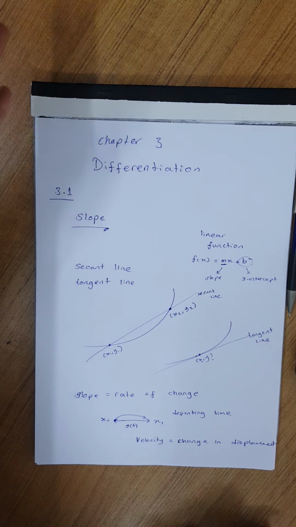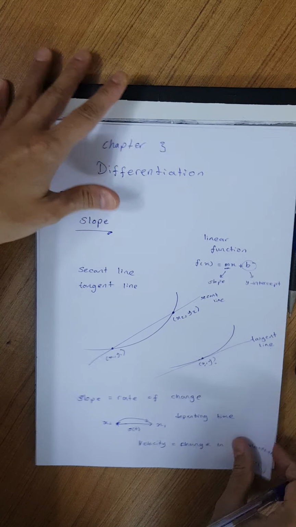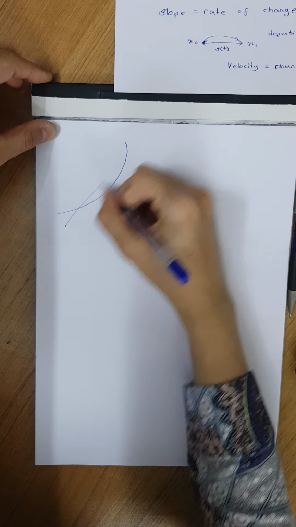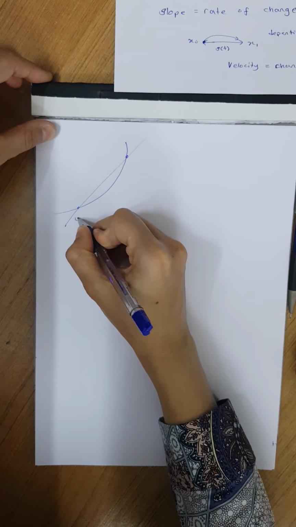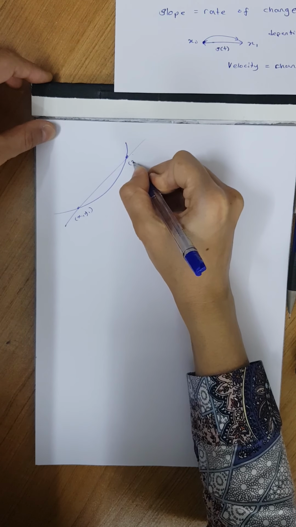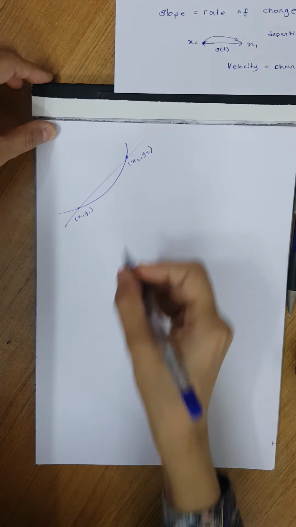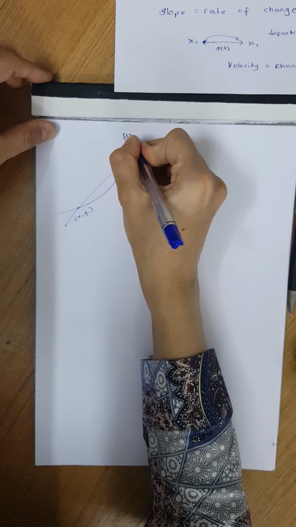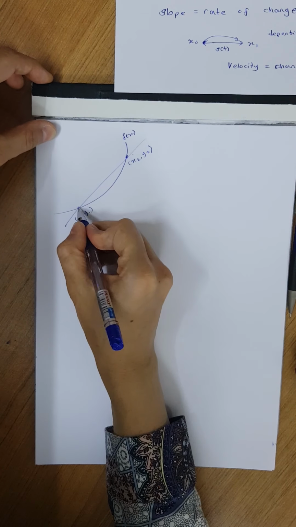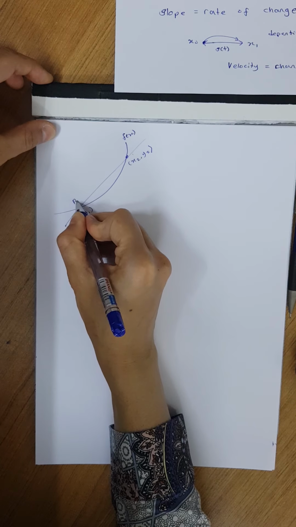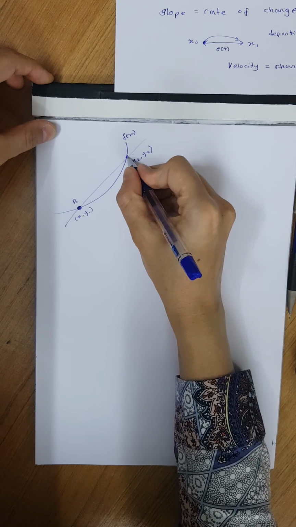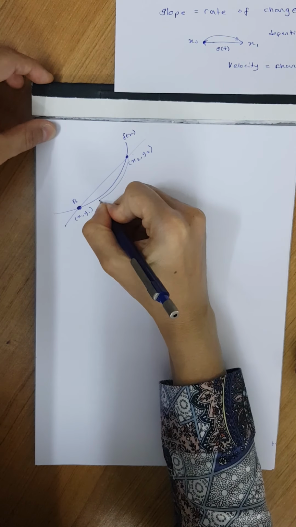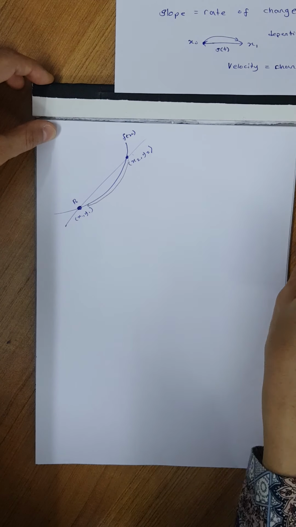And when we are coming to a general notion, talking about slope and rate of change, we can say that when we have got a secant line that's passing through two points, x1, y1, and x2, y2, if you want to find the slope of that function at that given point, p naught, what shall we do? We are grabbing that point down to here and coinciding it on that point p naught.